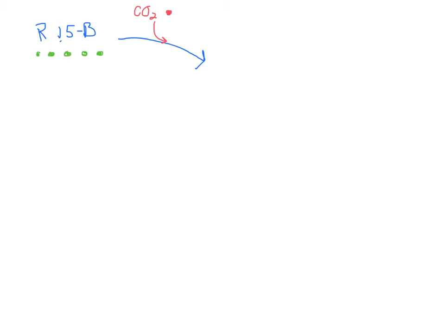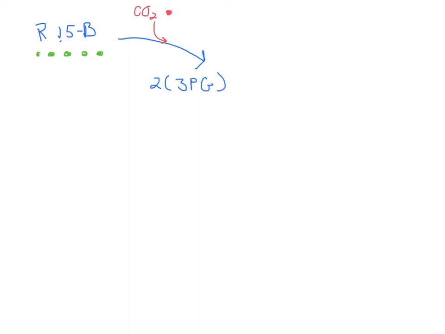And you end up with your unstable 6-carbon intermediate, but then that yields 2 3-phosphoglycerates. And I'm going to abbreviate 3-phosphoglycerates as such, and I'm going to do that to indicate that there are 2 of them. So we're still keeping track of our carbons and where they're coming from.